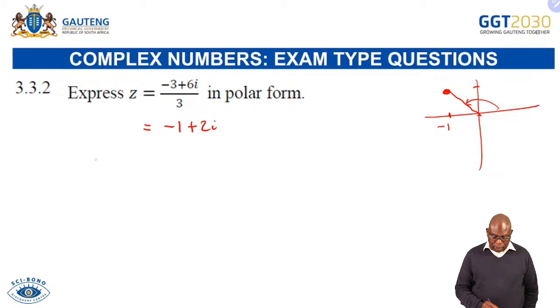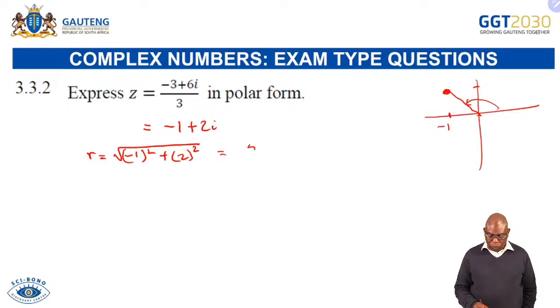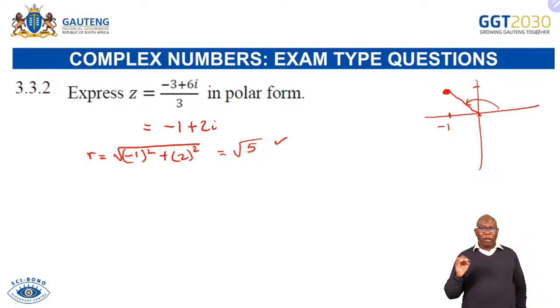So therefore, first I must get my R. It will be minus 1 squared plus 2 squared, which will give me square root of 5. That's my R, my modulus. I cannot get it in polar form if I don't have my modulus and my argument.